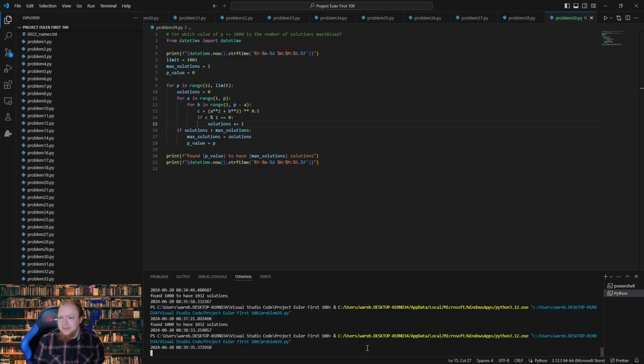So I think I want B to start out equal to A, and that should cut down our time as well. And the reason I said that did this P minus A, it should maybe be P minus A plus 1, but obviously the total perimeter has to equal A plus B plus C.